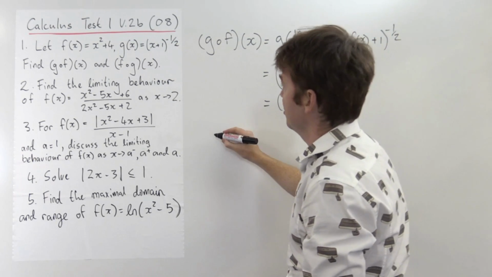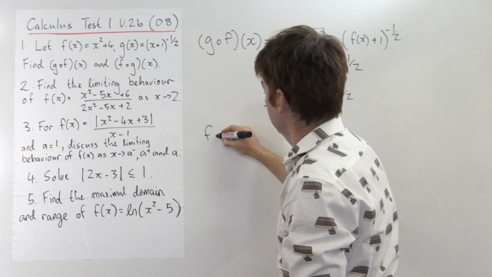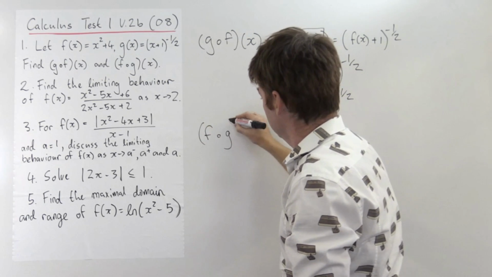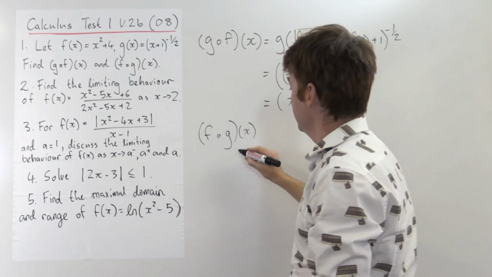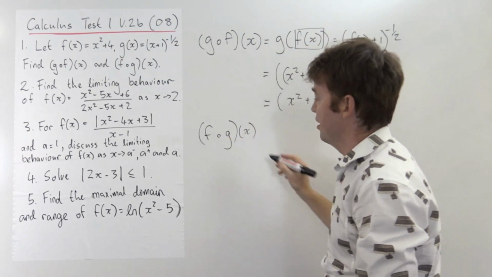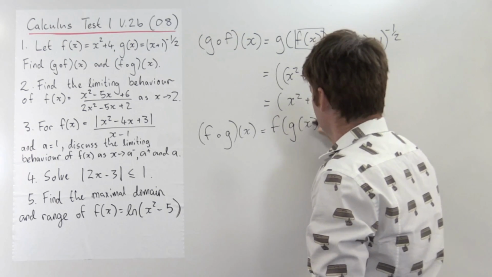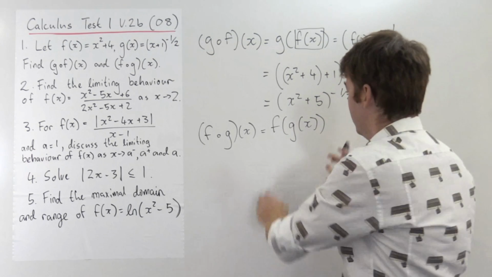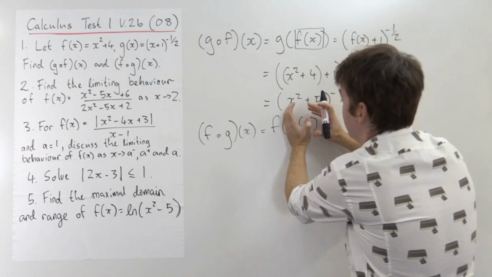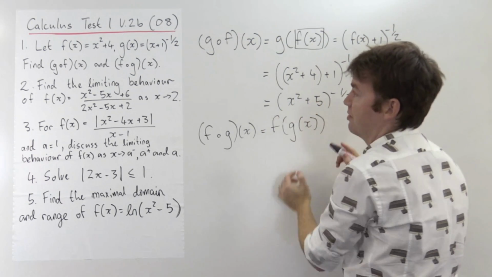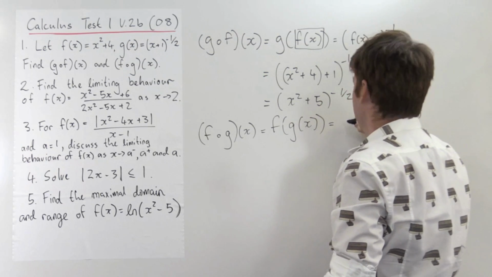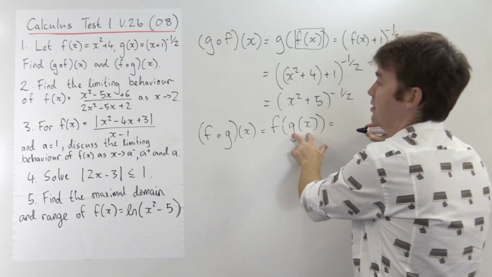The other object I'm asked to find is f of g of x. This means apply g first, then f. And the procedure is the same. I'm going to take f of this object g of x. So I just apply the definition of f to this thing.